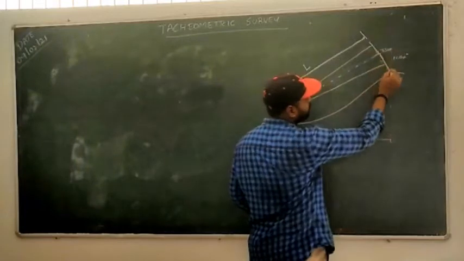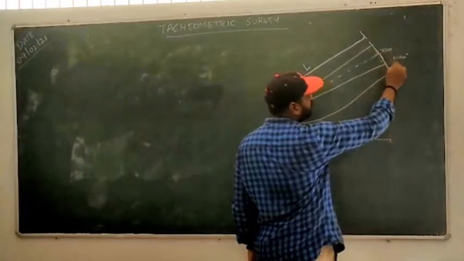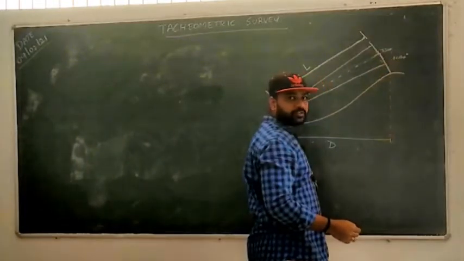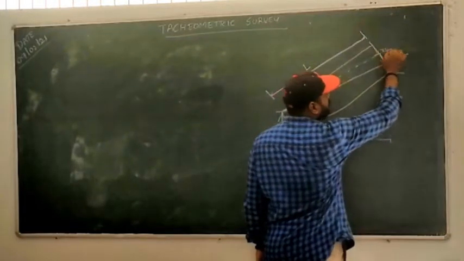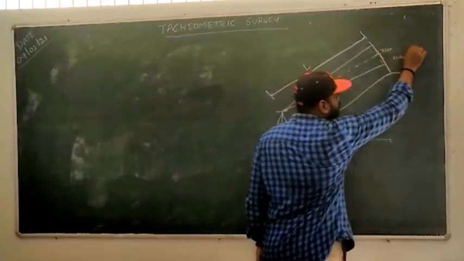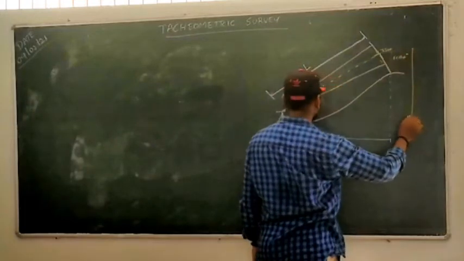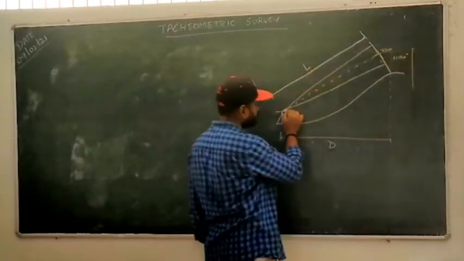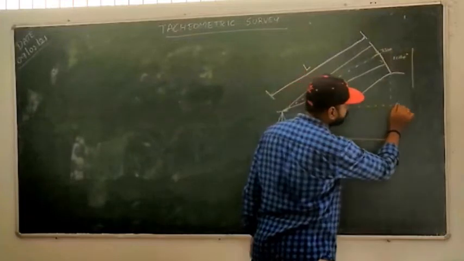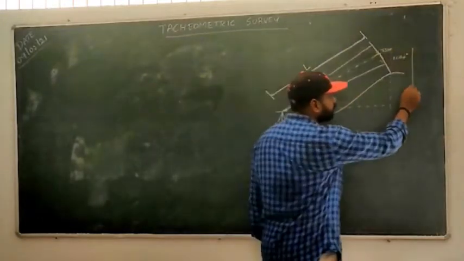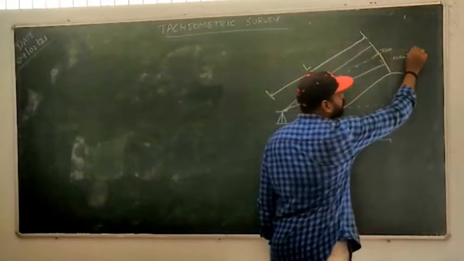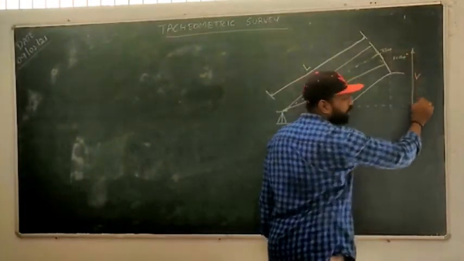And what about V here? From where to where do we have V? From the center line of sight to the horizontal axis of the instrument. This we denote as V, right.